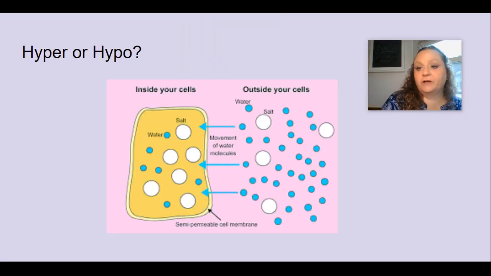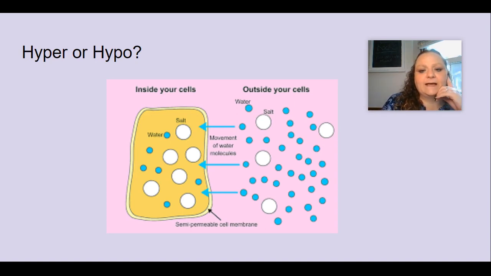So take a look at this diagram. And my question for you is, is this a situation where we're talking about something being hypertonic or hypotonic? If you look at this diagram, first of all, you need to figure out where the high water concentration is.